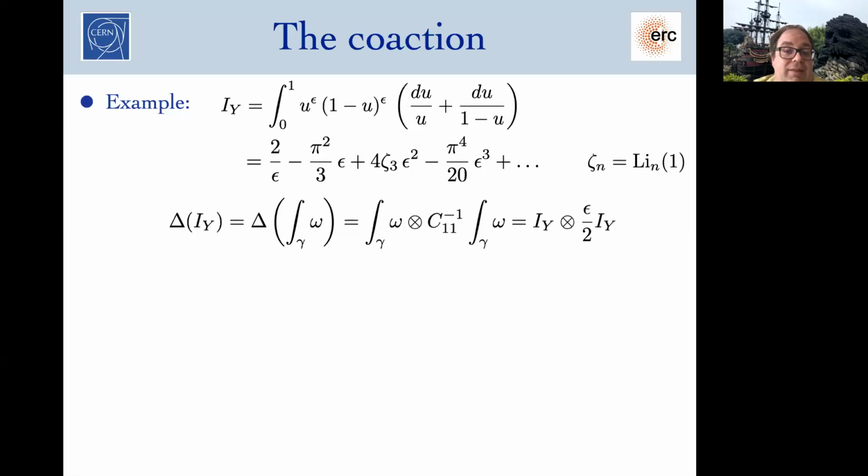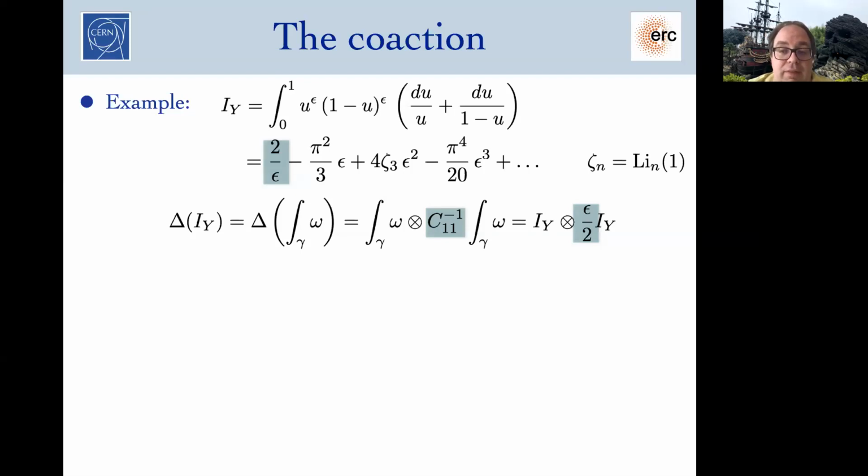And it gives you, of course, back the integral itself because there's nothing else. And also here, there's just this one object. But I need to take care of this matrix C inverse. And as I said, think of it for now as the leading order term of this expansion. And so here you have 2 over epsilon, and therefore here you need some epsilon over 2. So each of these integrals gives you back I_gamma, and then this factor here is epsilon over 2.